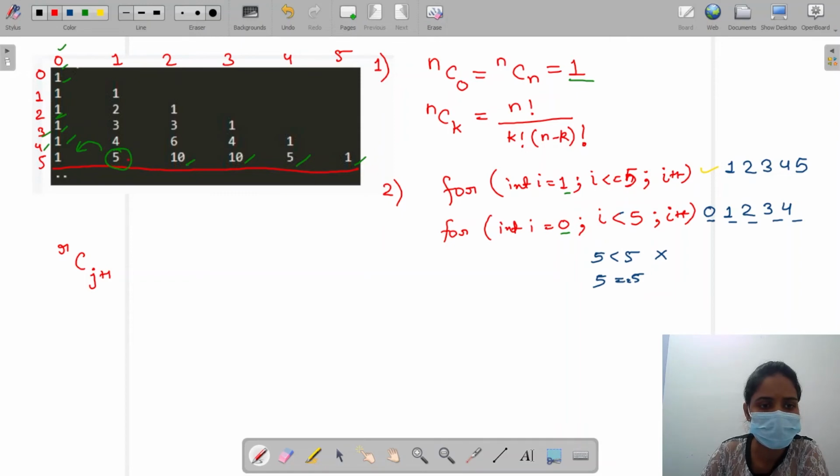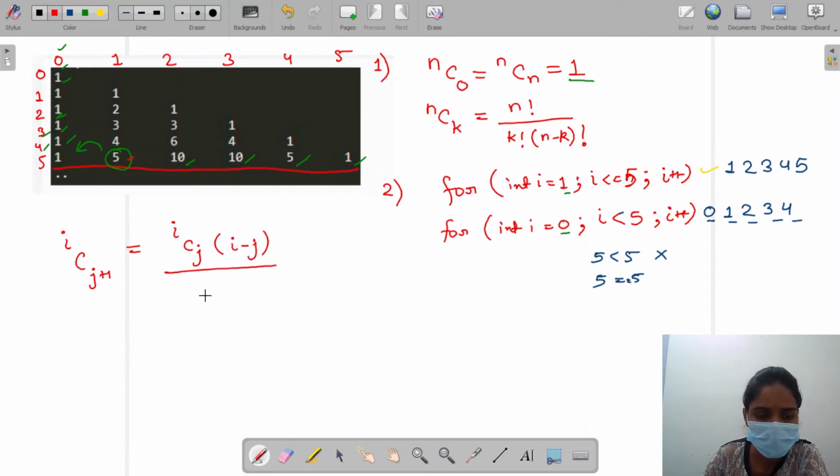I want to calculate this number from my previous number as well. That is ICJ plus 1 is calculated by ICJ multiplied by (I minus J) divided by (J plus 1). We can calculate this value from the previous value.